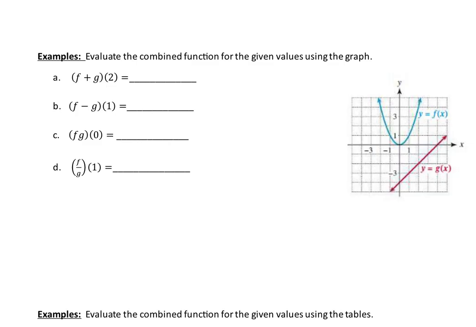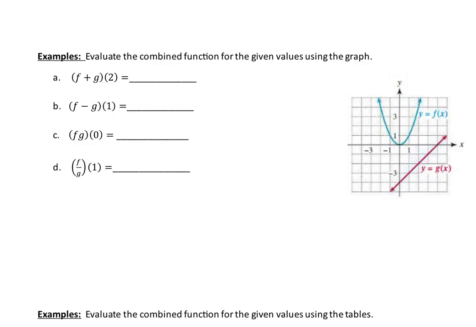There's a couple different things we can do when we talk about algebra of functions, and it's basically the same things that we talked about previously. One of the first things we want to do is evaluate a combined function. For these, it's going to be very similar to what we were doing previously. The only thing is we're going to add in an operation.